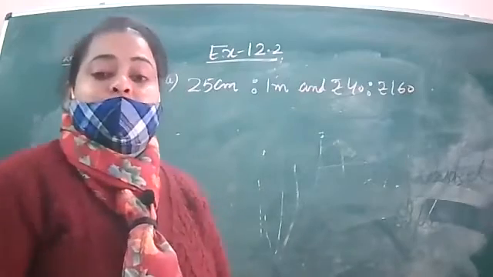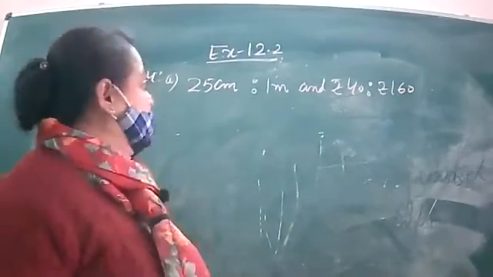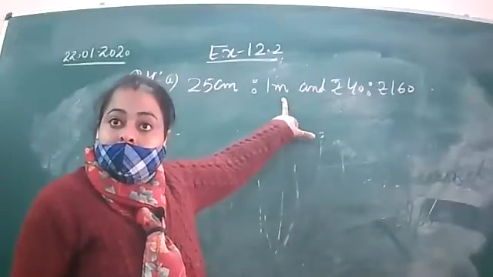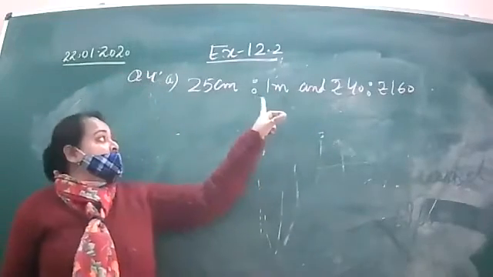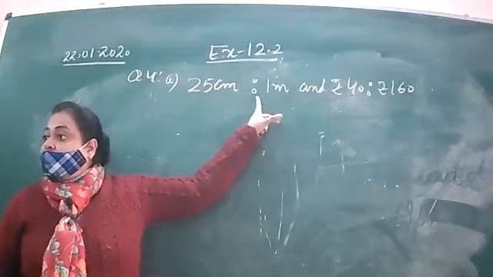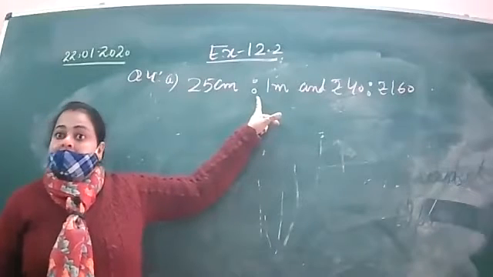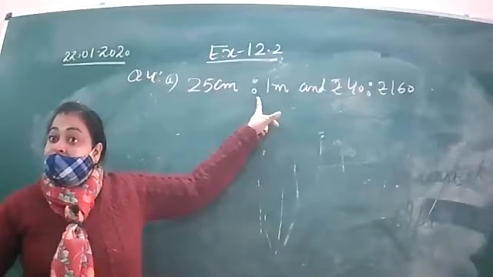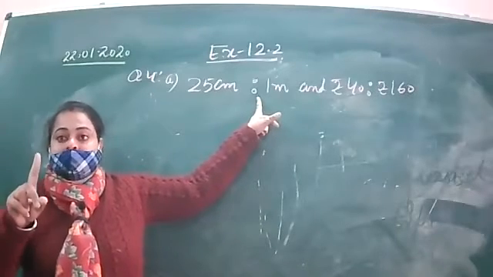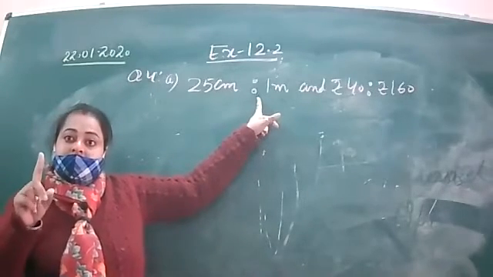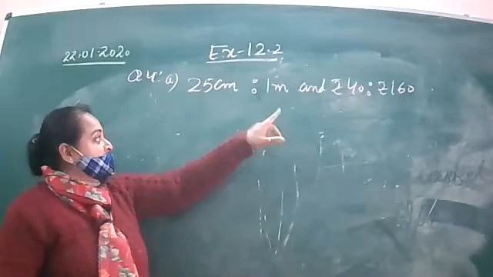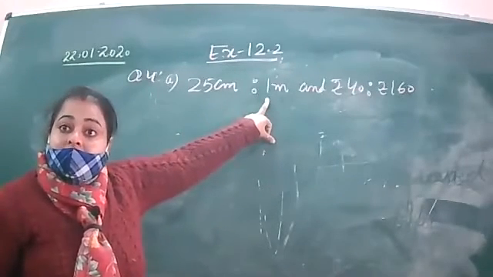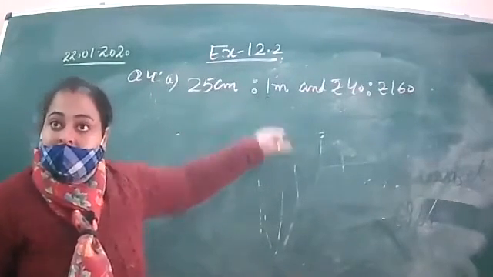First of all, we will convert this meter to centimeter, because this is the symbol of ratio, and ratio is the comparison of two numbers of the same unit. Same unit is compulsory, no? So in place of 1 meter, you will write 100 centimeter.